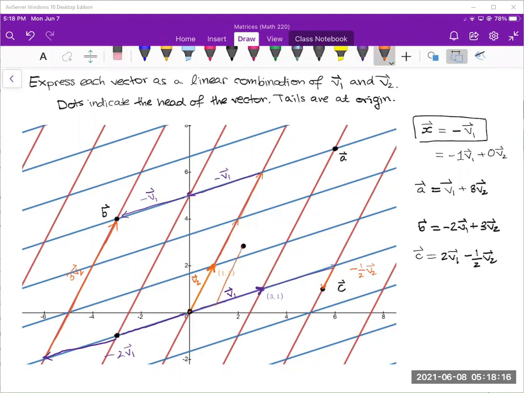So even though here it's a little bit harder for us to see what these lengths are going to be equal to, we can still arrive at this endpoint using these directions v1 and v2.